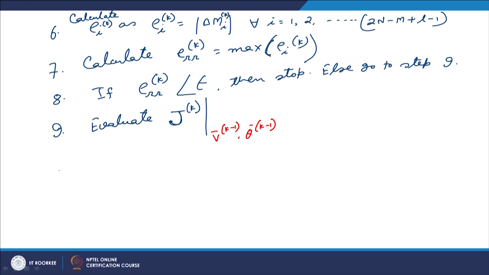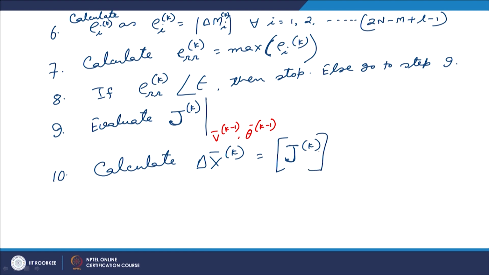Then we calculate the delta x vector at the kth iteration as the inverse of this matrix, which is a square matrix, multiplied by the mismatch vector.